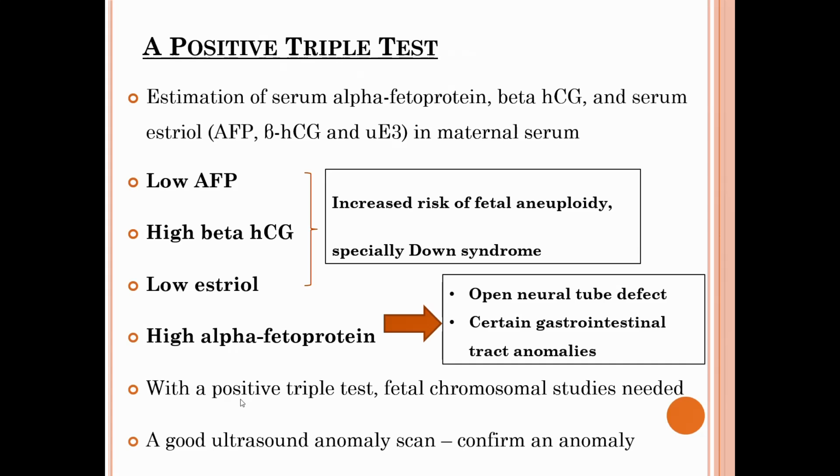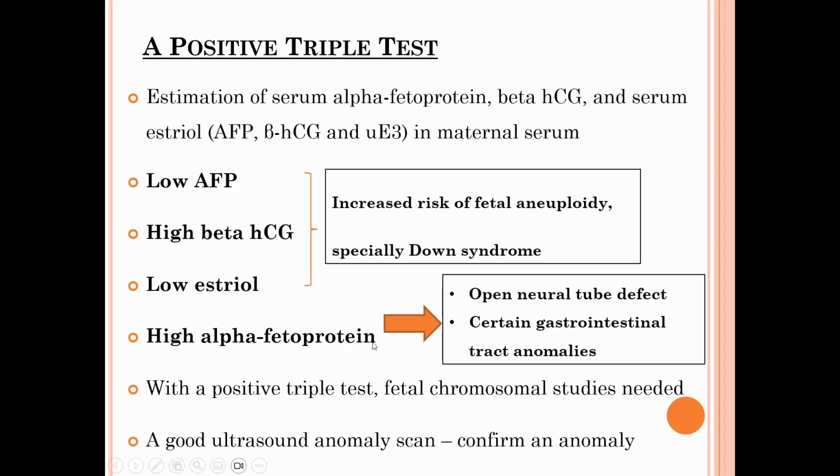Then, what is a positive triple test? Estimation of serum alpha fetoprotein, beta HCG and serum estriol. So these three, AFP, beta HCG and serum estriol levels in maternal serum: low AFP, high beta HCG, low estriol, indicate increased risk for fetal aneuploidy, especially Down syndrome.